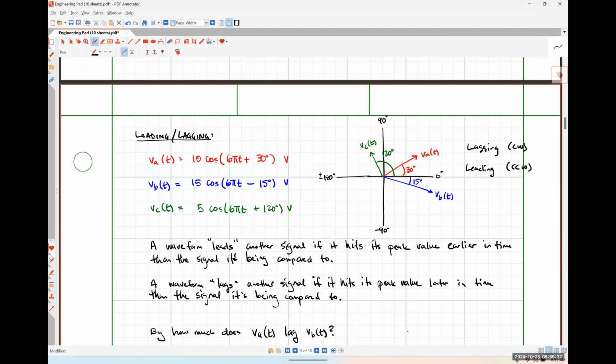So I'm going to start my measurement at VB, and I am just going to go around in a clockwise direction until I hit VA. So I have 90 minus 15, so that's 75 degrees here, 90 degrees here, 90 degrees here, 90 minus 30 here. I'm going to add all those together. So 90 plus 90 is 180, plus 60 is 240, plus 75 is 315 degrees.